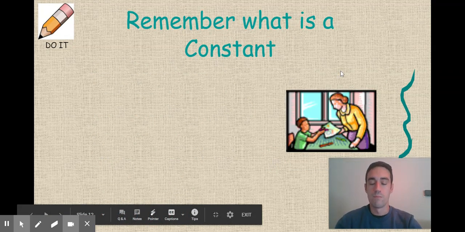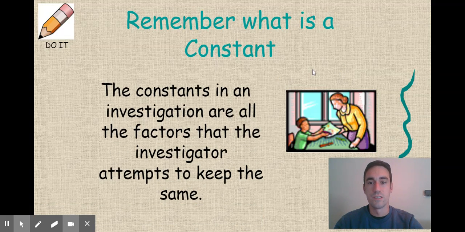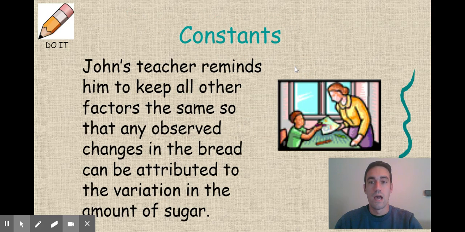So we also need to remember what a constant is. John's going to have some constants in his experiment, and that is the part of an investigation or experiment that is always the same. You want to keep everything except for your independent variable the same. So on the next question, I want you to go ahead and try and figure out what John's constants should be.